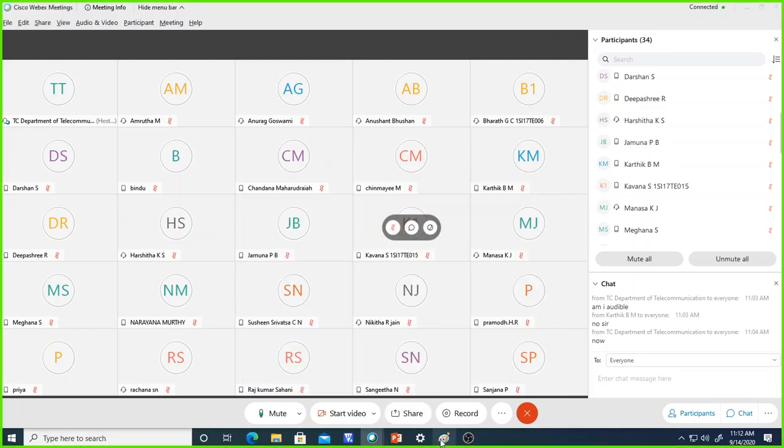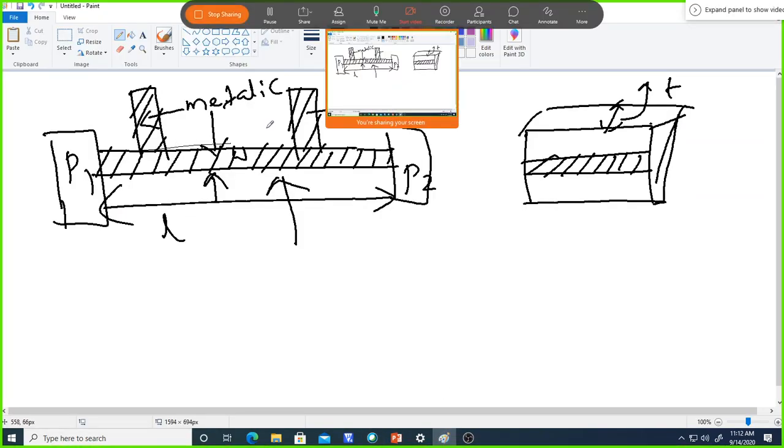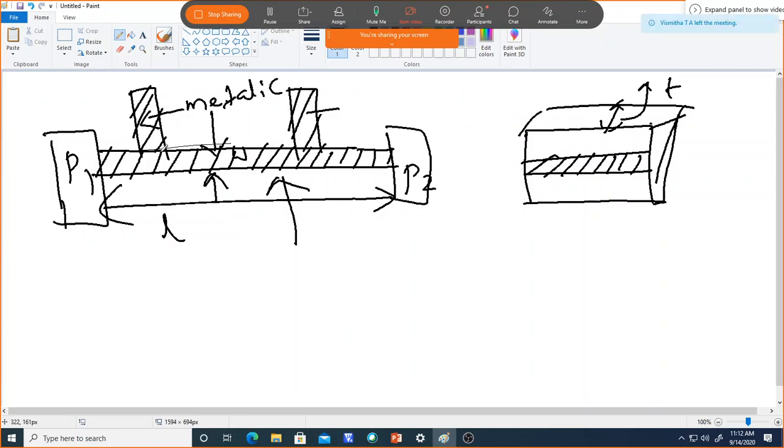Sir, we can't see the slides. Yeah, so here, is it fine? So now is it fine?